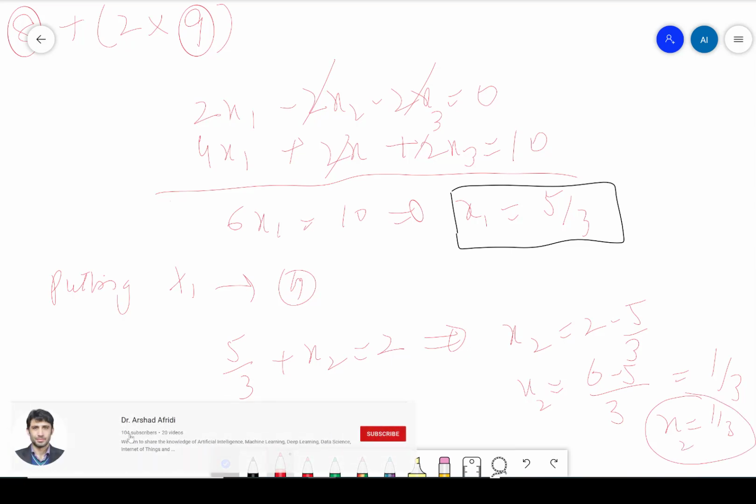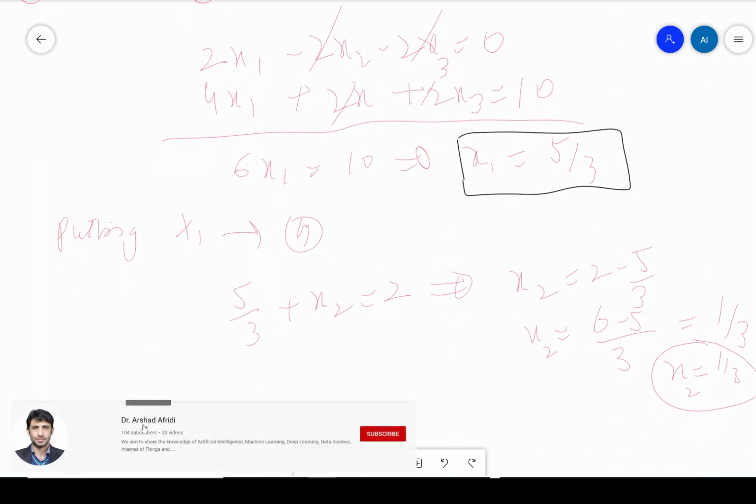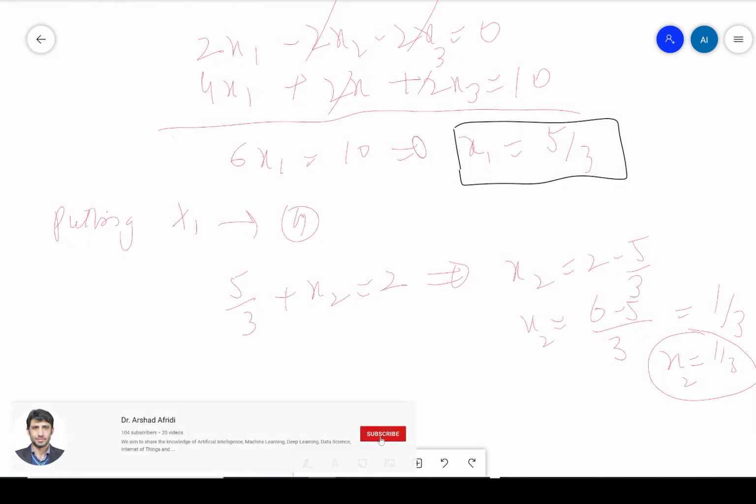Now we can find the value of x3 by putting the value of x1.